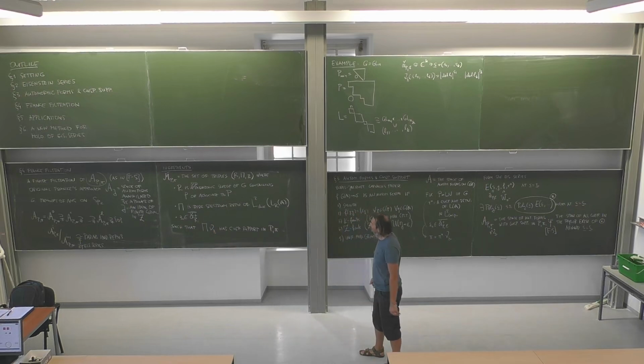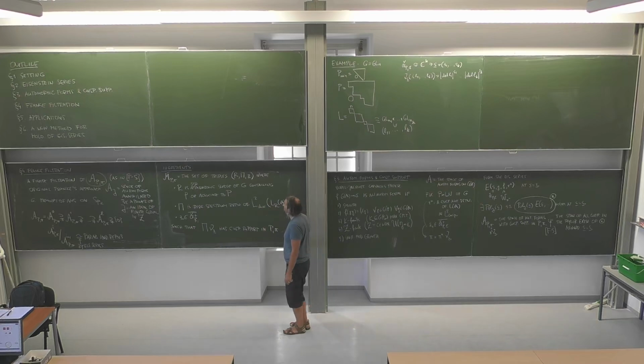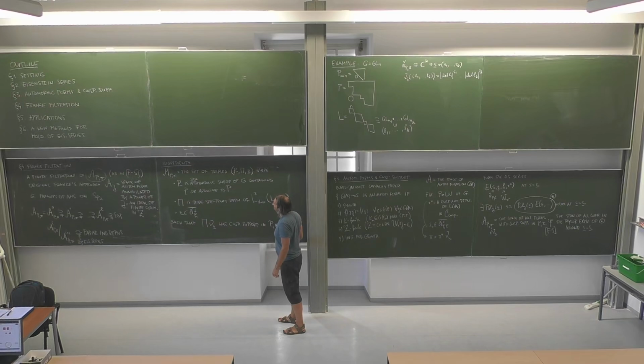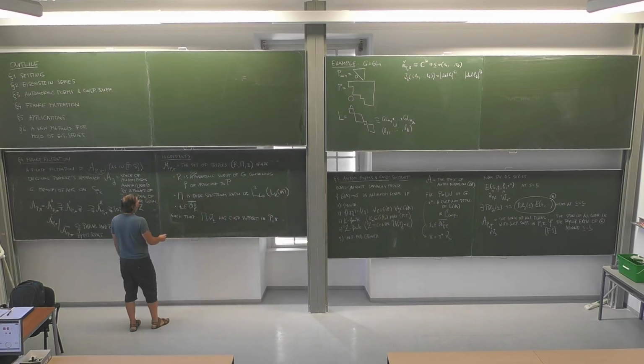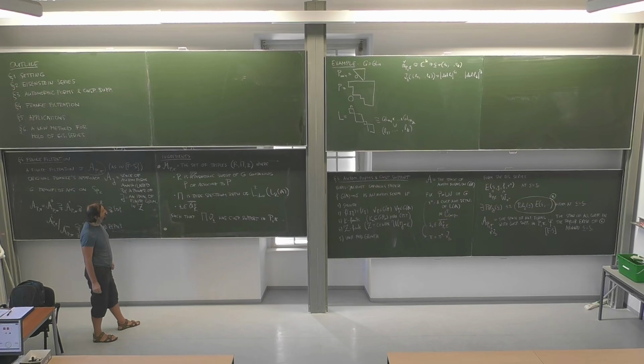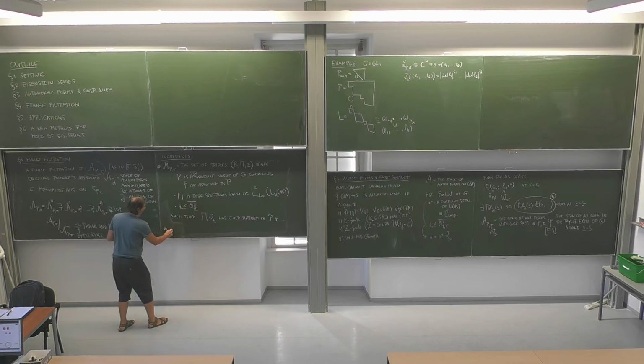So okay, and so now using this set of triples, the key, let's say, Franke insight is that you can define a certain partial order.